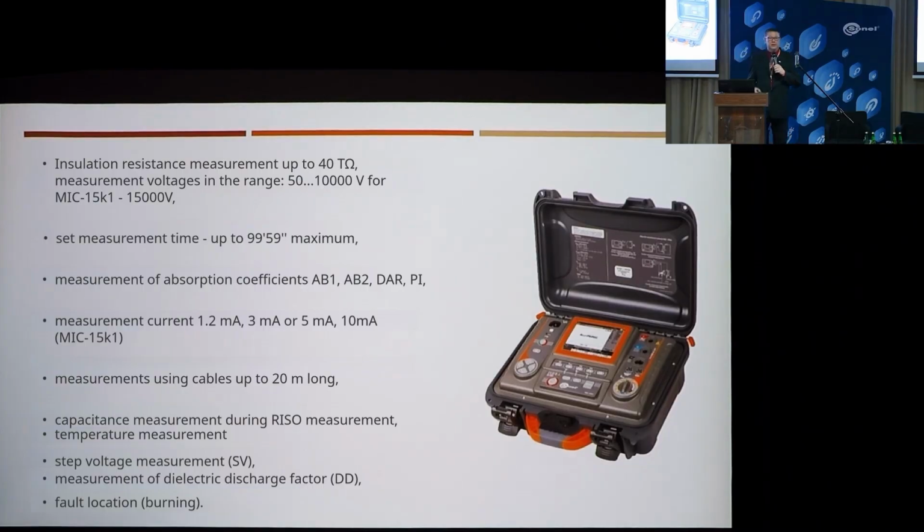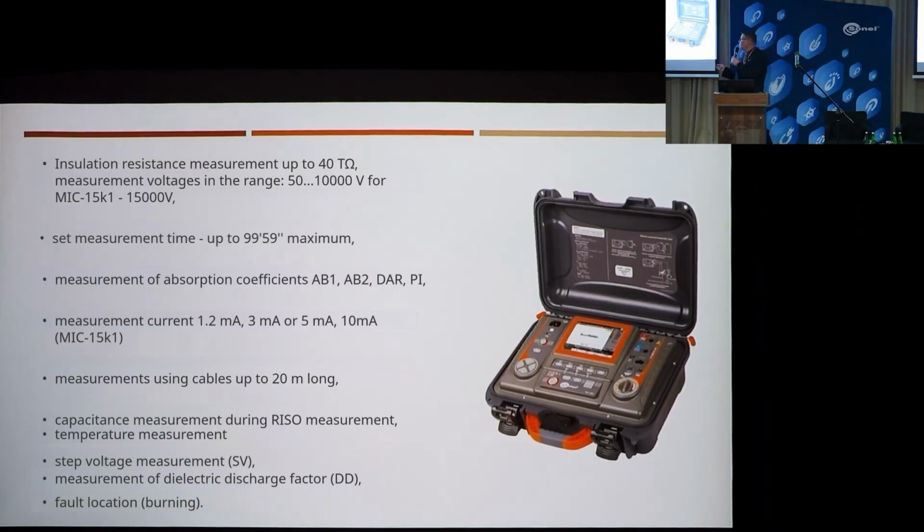But since I'm running out of time, I'll limit myself to the basic information. So, 40 teraohms is the maximum measured resistance value. Of course, as I said, either 10 kilovolts or 15 kilovolts, depending on which instrument you choose. Measurement time, 99 minutes, well, let's say 100 minutes for simplicity.